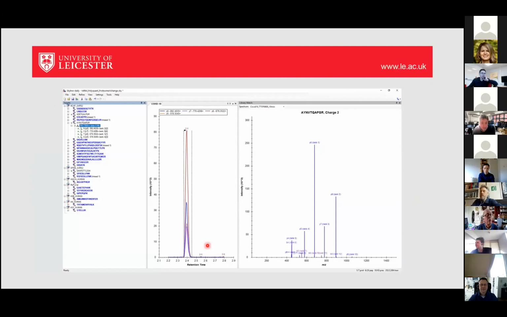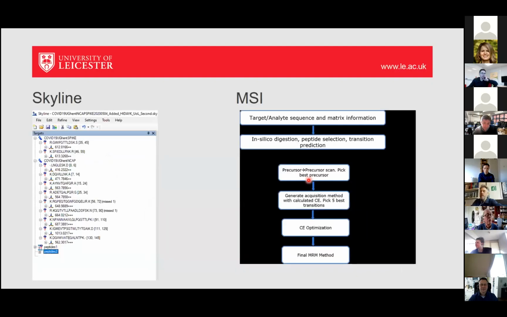For those familiar with Skyline, you can set up your chromatograms, and you can get your spectra, and you can predict what you think are going to be the most dominant product ions, and from that you can generate a list of transitions which you can export.